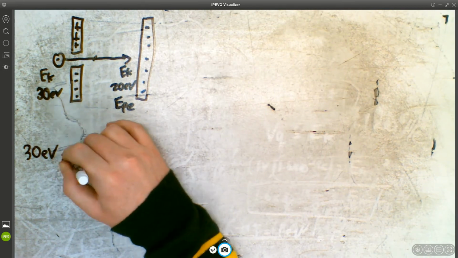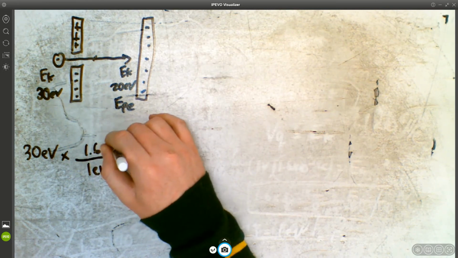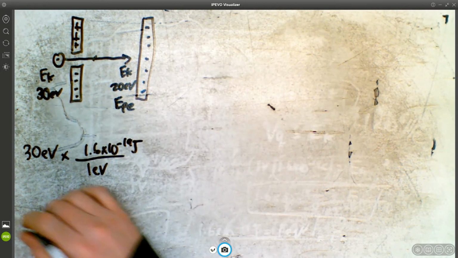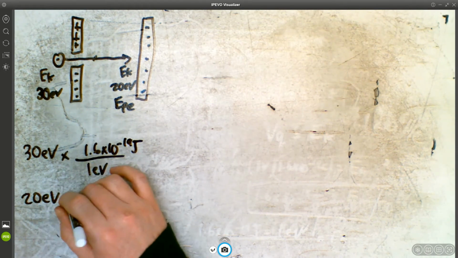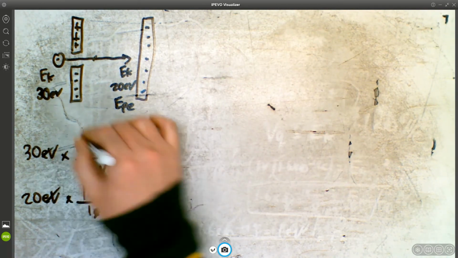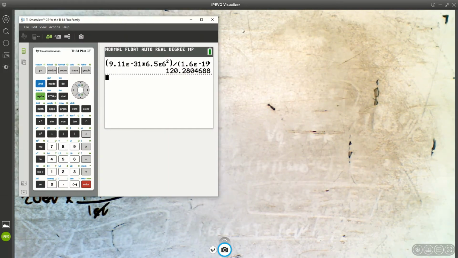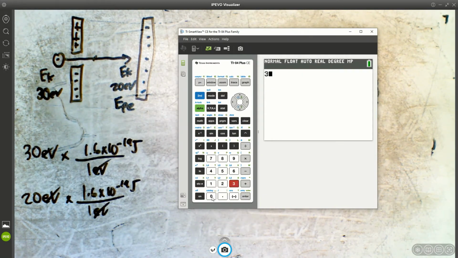So you can go 30 electron volts. And the back of our data booklet tells us 1 electron volt equals 1.6 times 10 to the negative 19 joules. You can also go 20 electron volts, and 1 electron volt equals 1.6 times 10 to the negative 19 joules. Those cancel out, and you can calculate those, which we will. So it's just 30 times 1.6 times 10 to the negative 19, and then 20 times 1.6 times 10 to the negative 19.